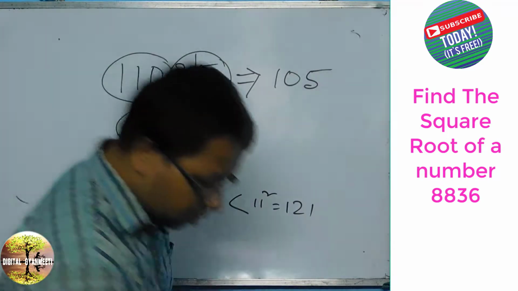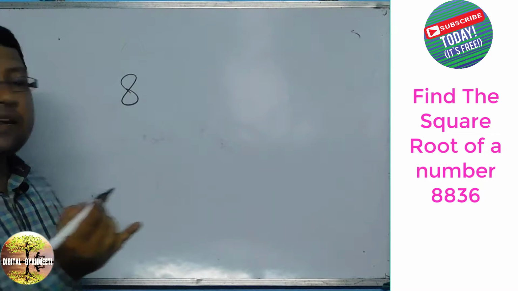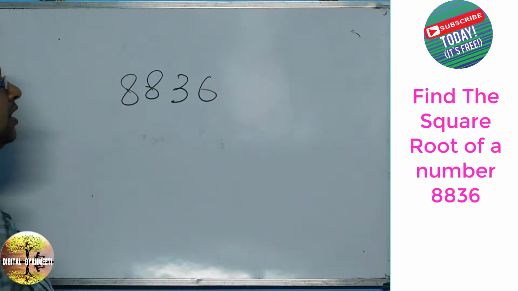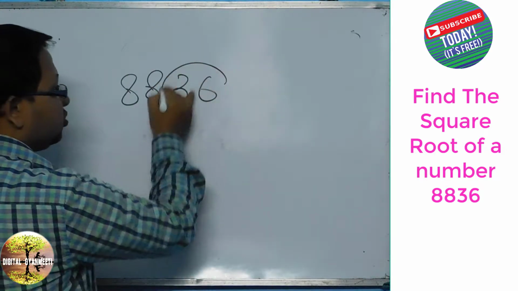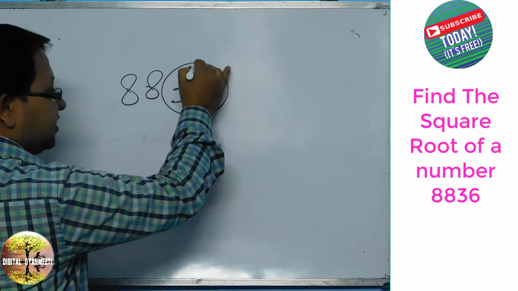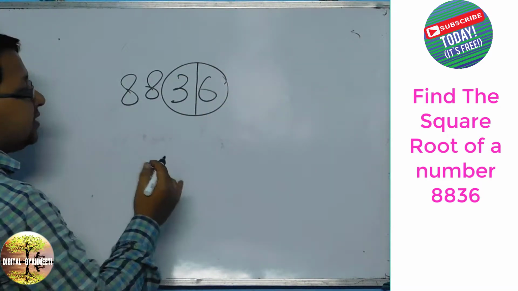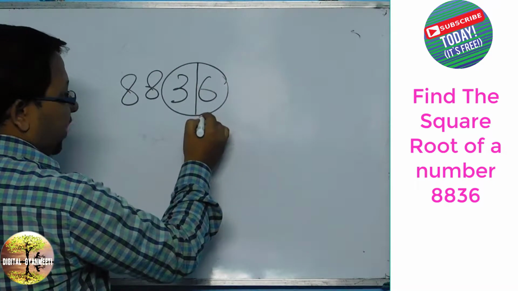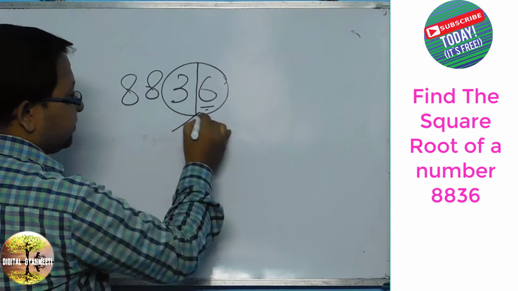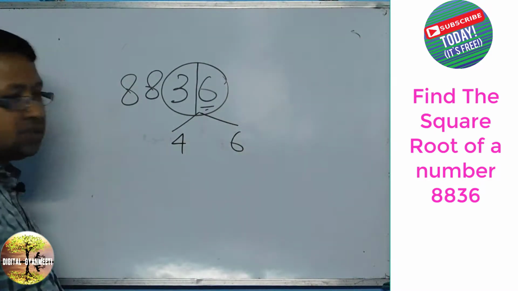Now take another example. Find the square root of 8836. Similarly, we take the last two digits from the right hand side, and the last digit of this is 6, and we have noticed that if this digit is 6, the square root ends in either 4 or 6.